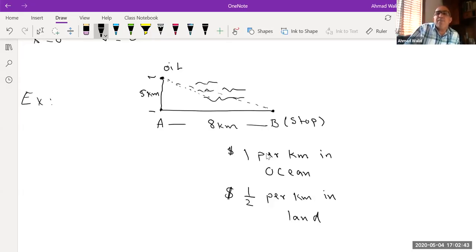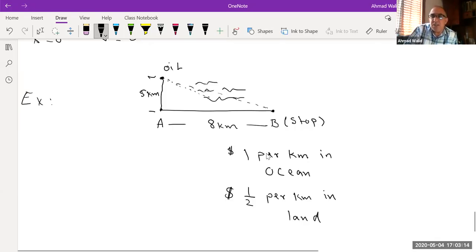You can do some pipeline from the sea to this point, then connect this point to B. Maybe it costs you less. Or, I don't know, maybe if you do all of it under the sea, maybe it costs you less. Or maybe there is another point also. Look, it's not only two options. Do I have a third, fourth, fifth, sixth, many other options also?